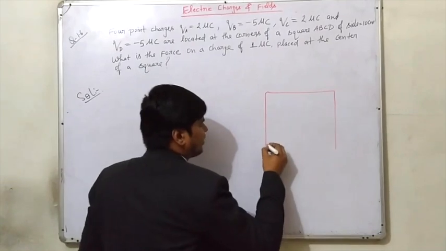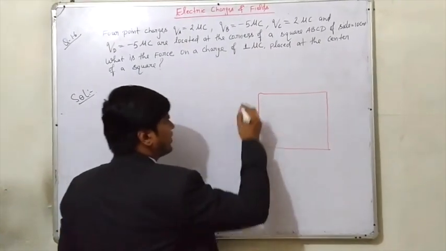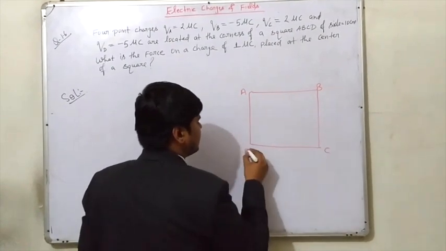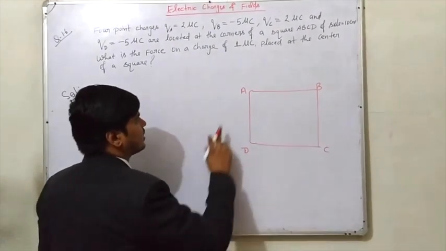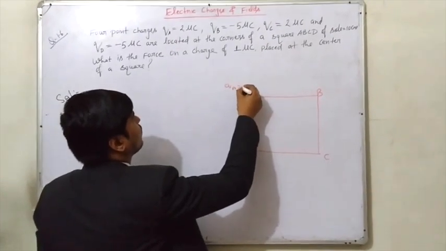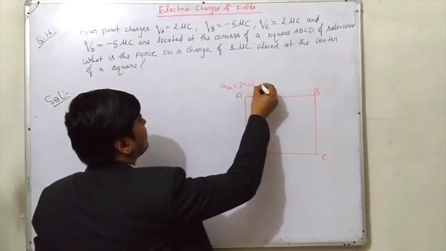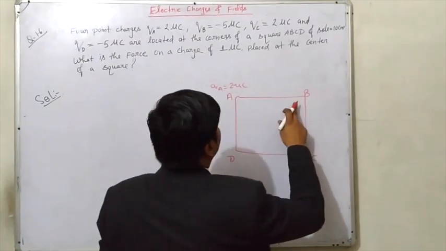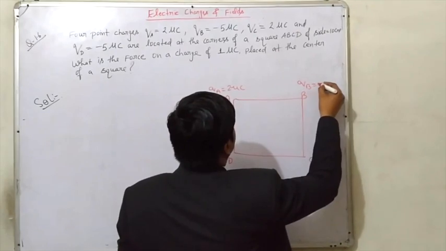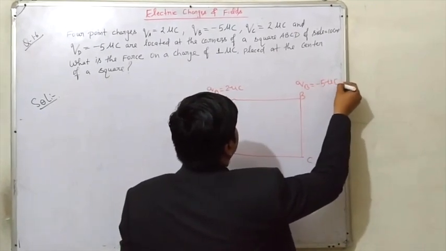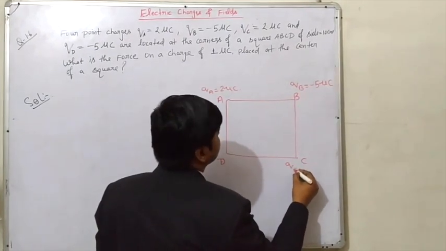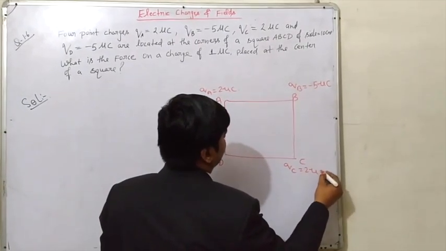You take a square and write down the vertices A, B, C, D, and the charge on the vertices. The charge on A is qA equal to 2 microcoulomb. The charge on B, qB equal to minus 5 microcoulomb, and charge on C, qC equal to 2 microcoulomb.